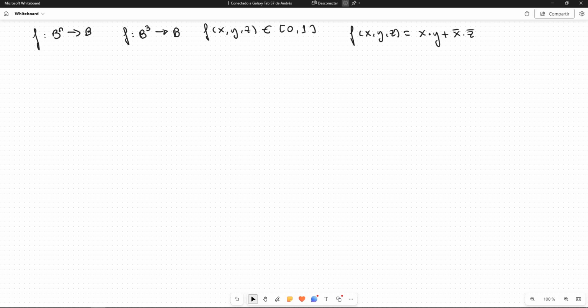So this can be a logic function with 3 variables, and you can imagine that each variable is a switch that we can press. If we activate the switch it is 1, and if we don't activate the switch it is 0. And certain combinations of these switches can turn on a bulb.